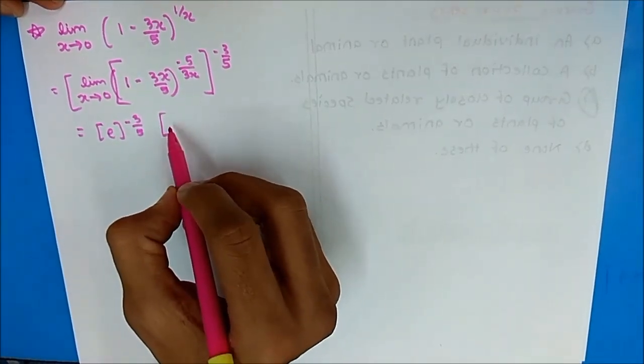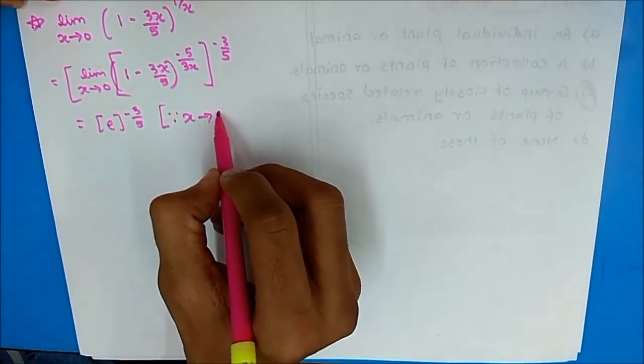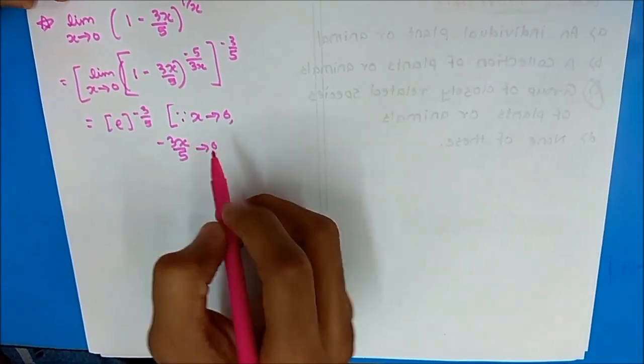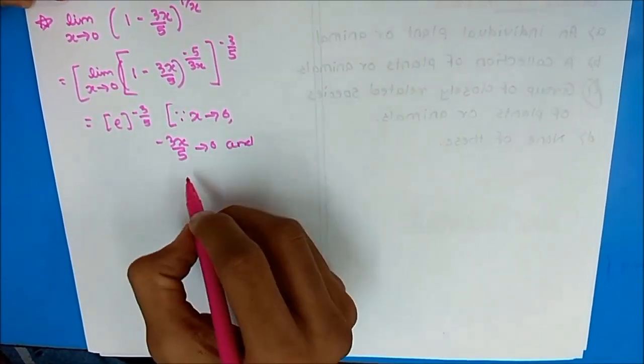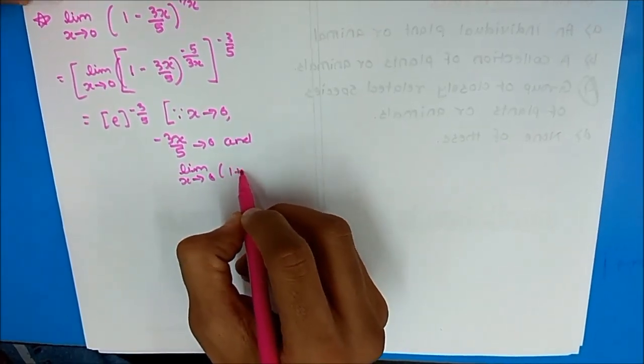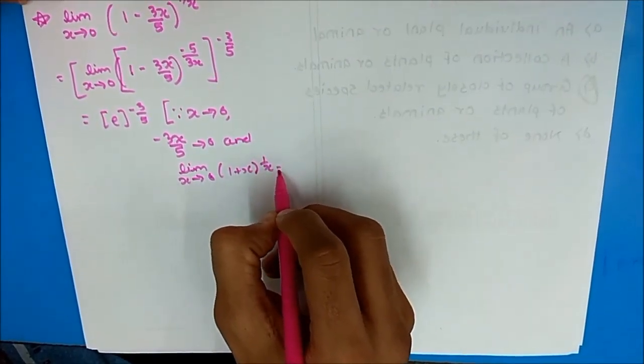How did we get this? As x tends to 0, minus 3x upon 5 will tend to 0, and limit x tends to 0 (1 plus x) raised to 1 upon x is given as e.